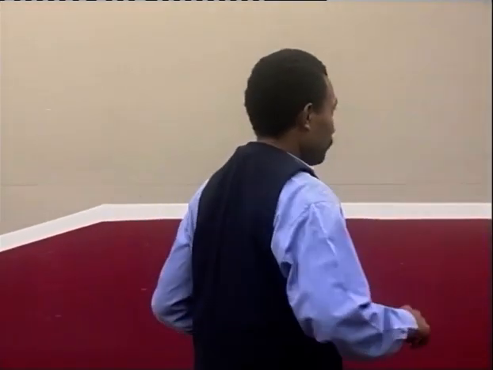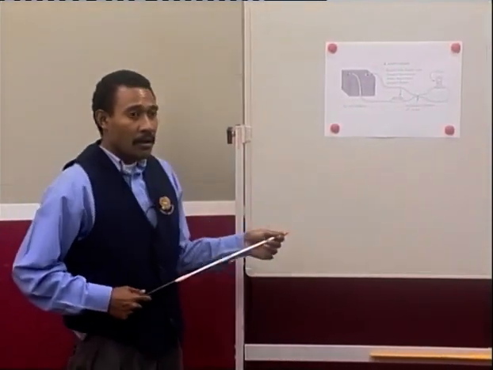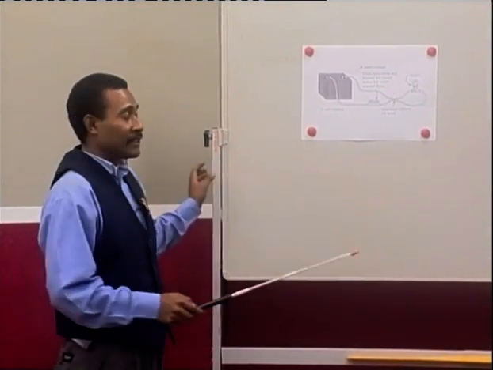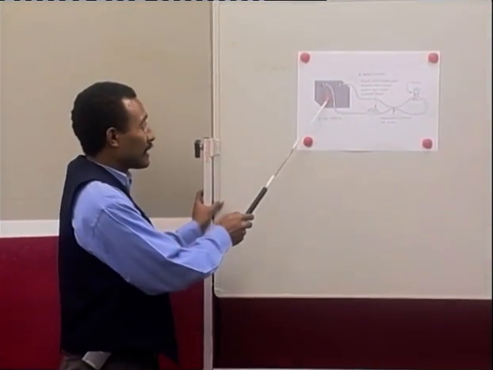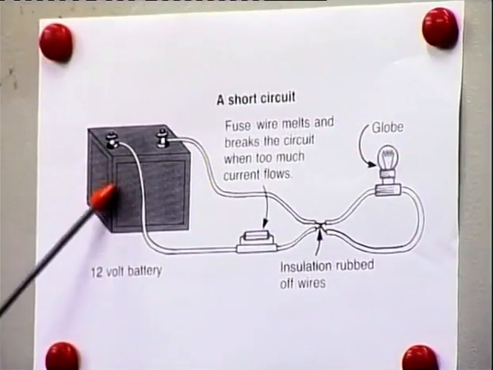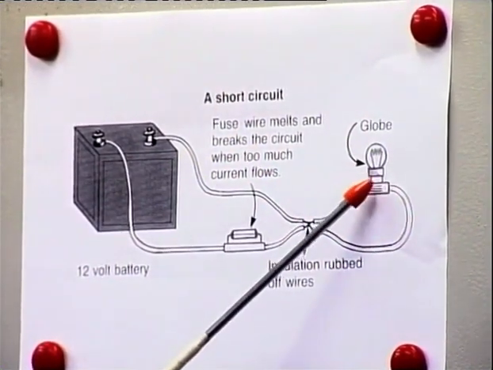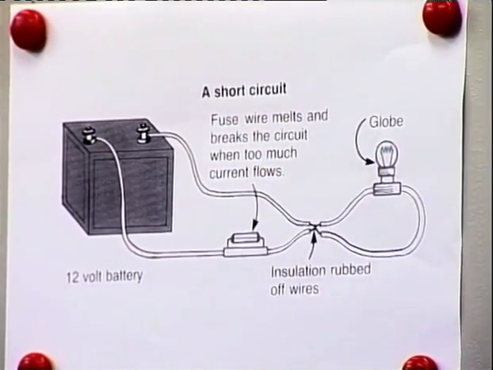Now, if we look at this, we have our source of electric power, the current coming from this battery here. This is a 12-volt battery. We have the connecting wires here, and we have the globe.